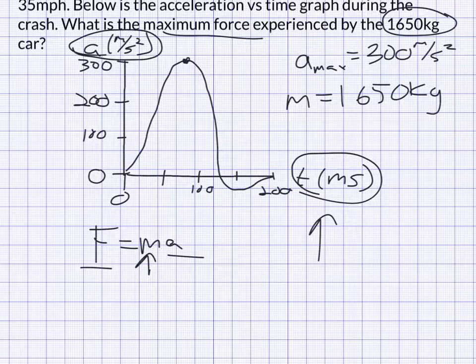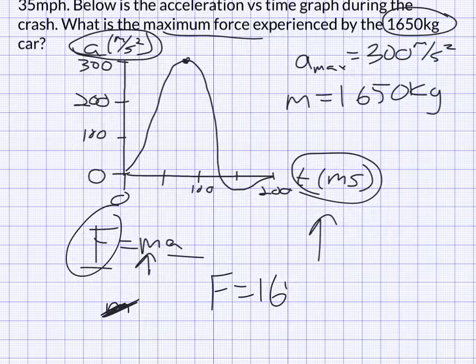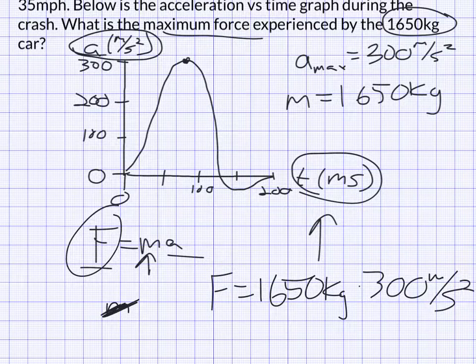I'm going to be looking for force. Never mind, force is already isolated, so force should equal those 1650 kilograms times those 300 meters per second squared. And kilograms and meters per second squared are good units to use for force, so no conversion necessary.